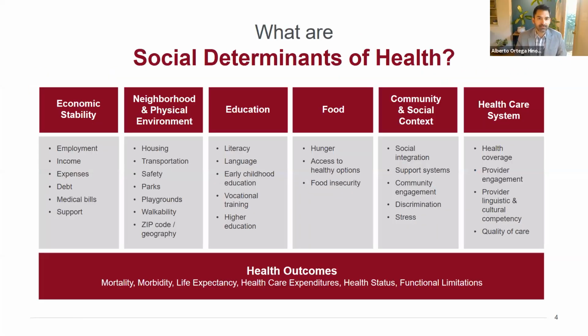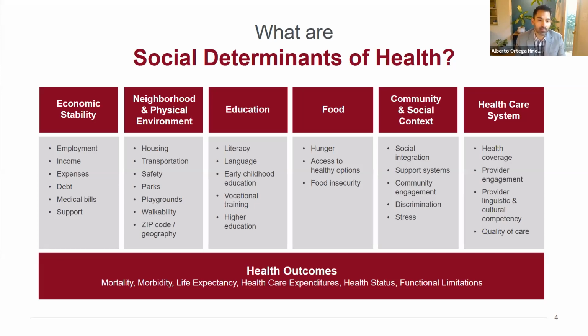Right, so as Sydney mentioned, we're looking at a number of SDOH measures. But before we get there, we just wanted to set the stage for us and also for the other two panelists today about what social determinants of health are and why they are important. So social determinants of health are elements of the social and physical environment that affect health outcomes such as mortality, morbidity, life expectancy.